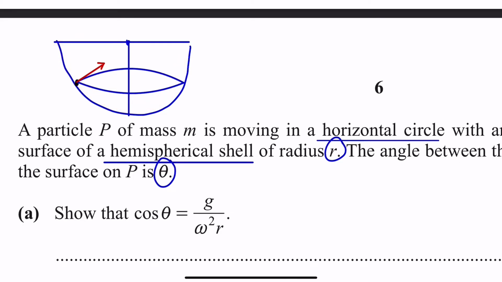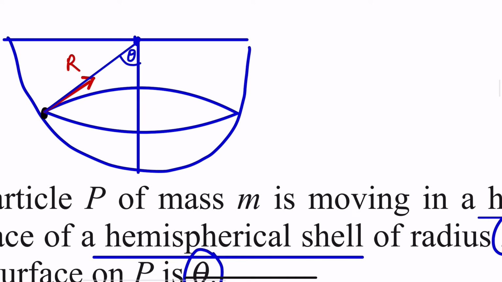It has a tangent like this, and this would be the perpendicular to the tangent, alright? So this would be our normal reaction. Let's call it R. And this angle over here is theta. Okay?